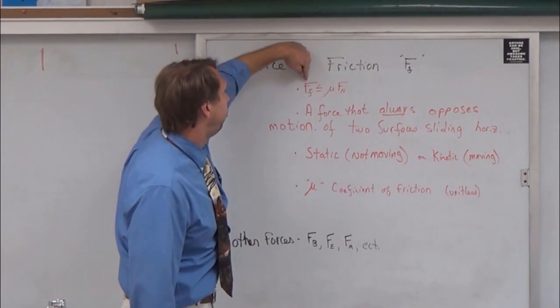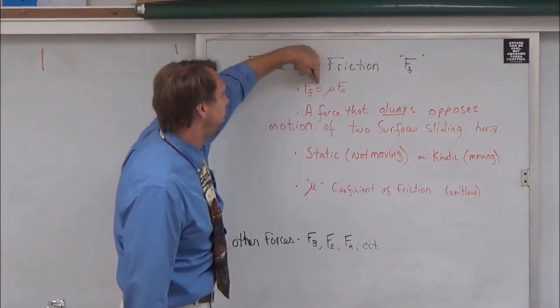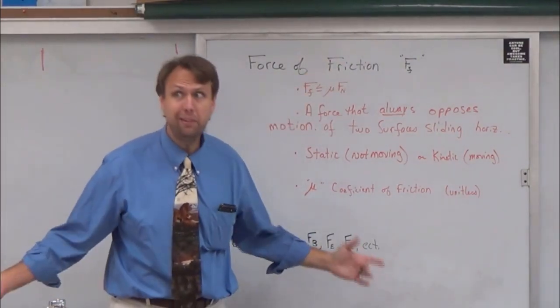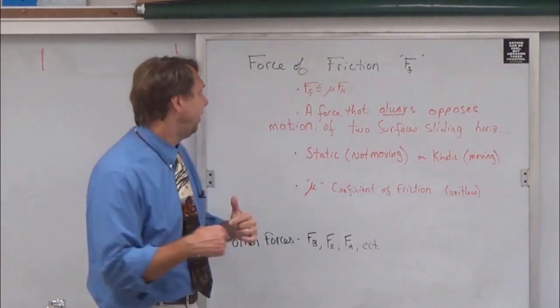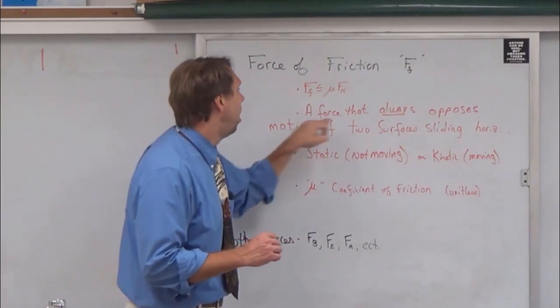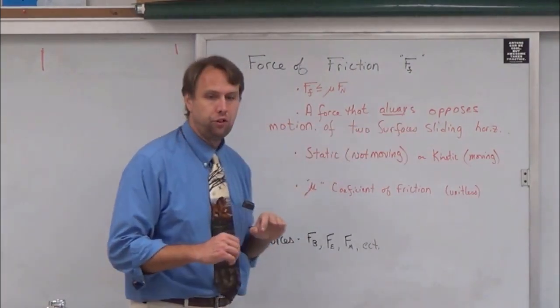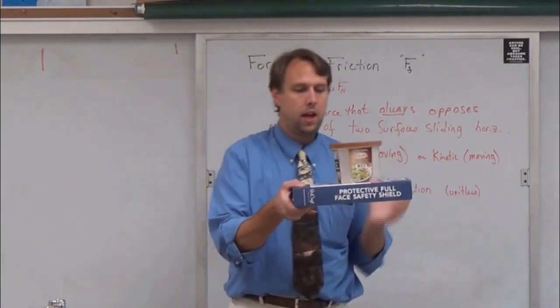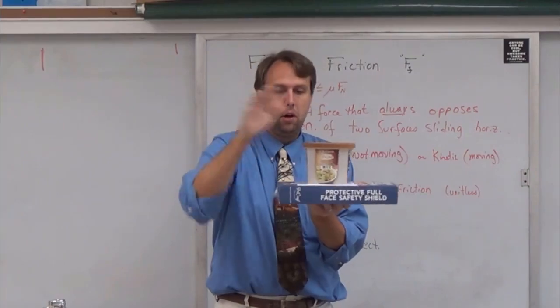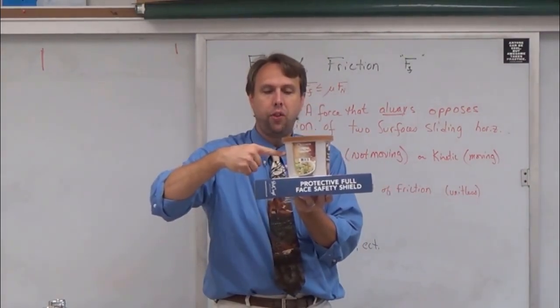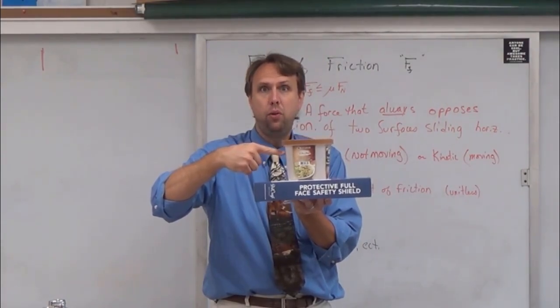The formula is force of friction is less than or equal to mu times force normal. Less than or equal to? Yeah, because it's not necessarily equal to, because force of friction will always oppose motion. So let's think of a situation. Perhaps you have a tub on a container, and I'm pushing, trying to make this move with, let's say, 3 newtons of force.